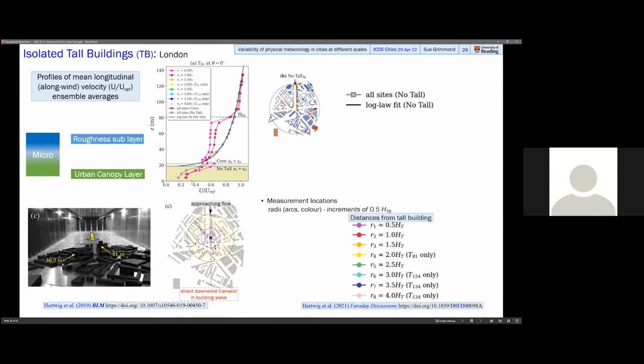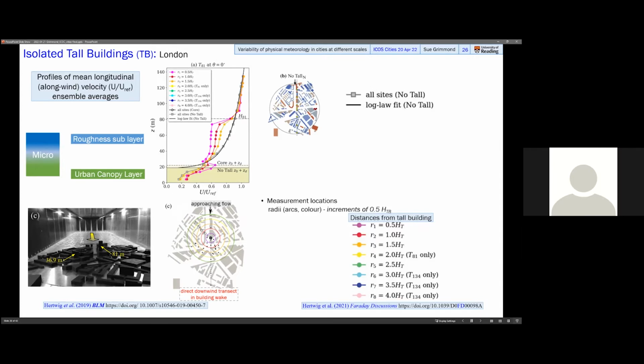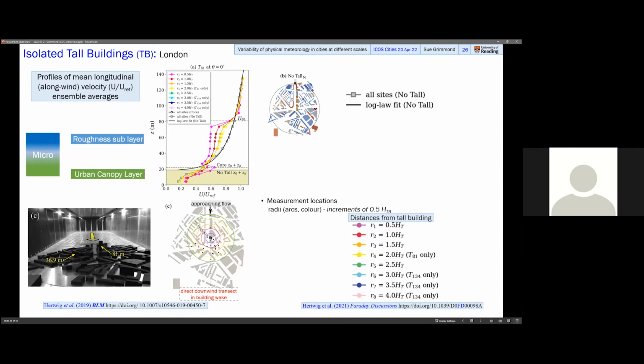As we go out to 1 times the height, and now we're taking all of the measurements within that area, going further out to 1.5 heights of the building, 2.5 times, and then looking at all of the observations, so all of the measurements within that, we can see that we still have not actually returned to the same wind profile that we had before the tall building was placed within the area.